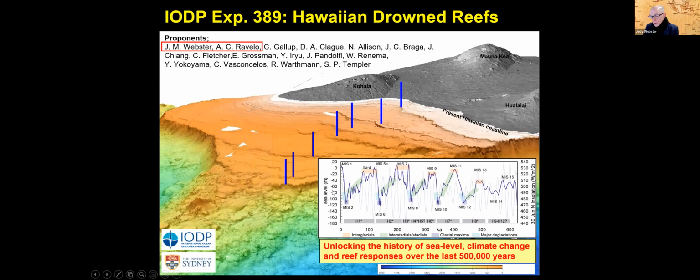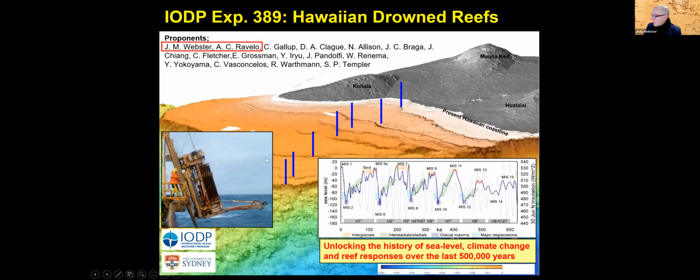The goal is to use a seabed rock drill of some description to sample these structures at depth. This, we think, will allow us to recover a really unique sequence of fossil reef archives back to at least 500,000 years, through much of these glacial interglacial cycles.